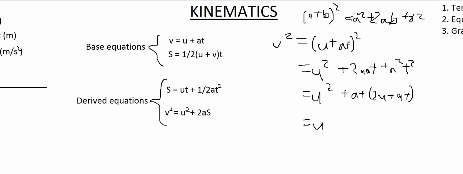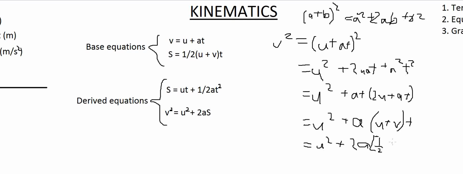So this will be at(u plus v), which is equal to u squared plus 2a[half (u plus v) t], and you notice the square bracket contains your s.